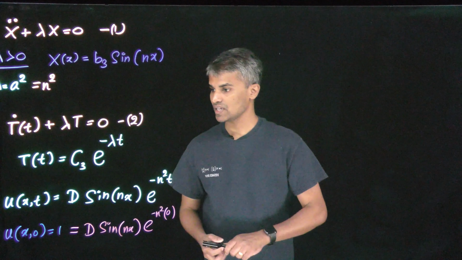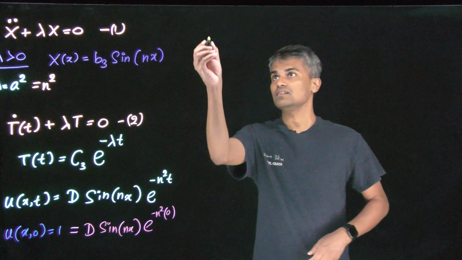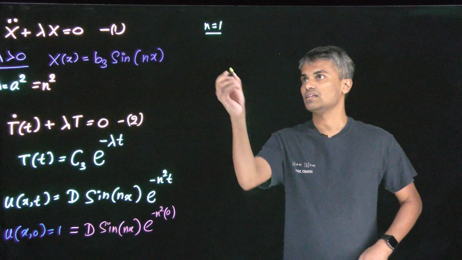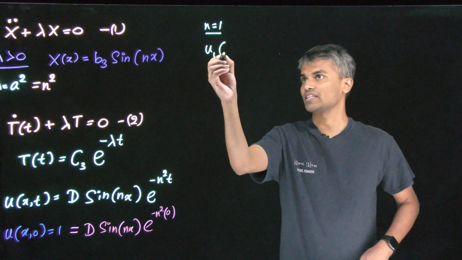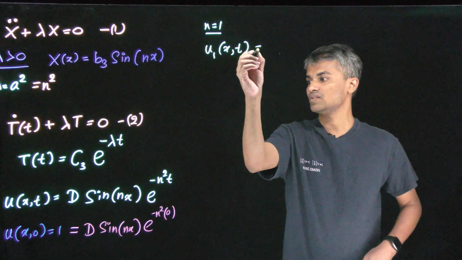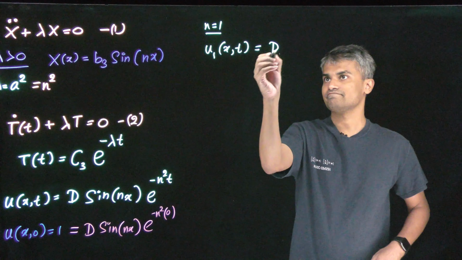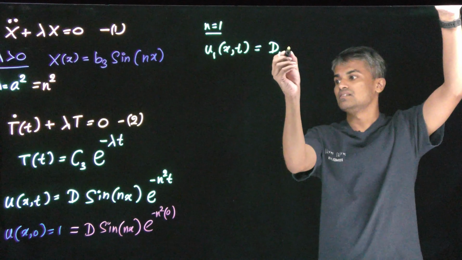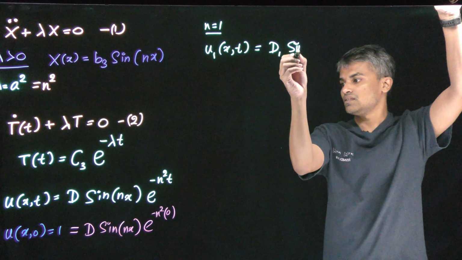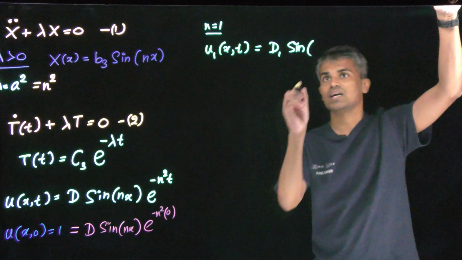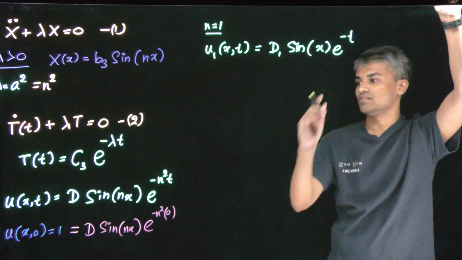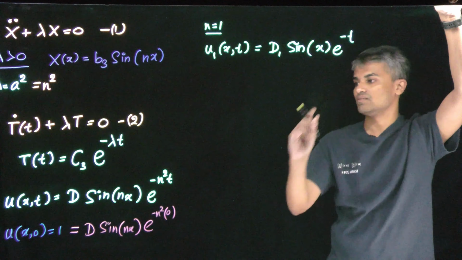As an example, when n equals 1, let us say my solution is u1 of x comma t equals some constant d1 times sine of x times e to the negative t, because n squared is 1.